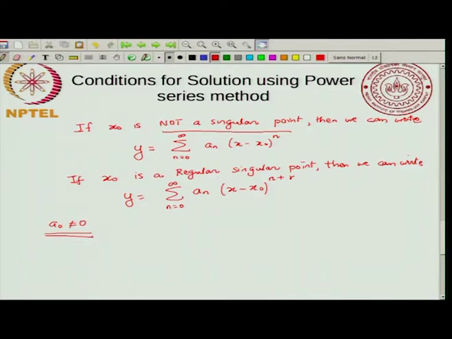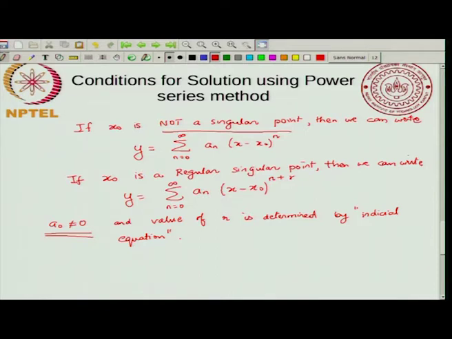The value of r is determined by something called an indicial equation. We'll see this through an example.